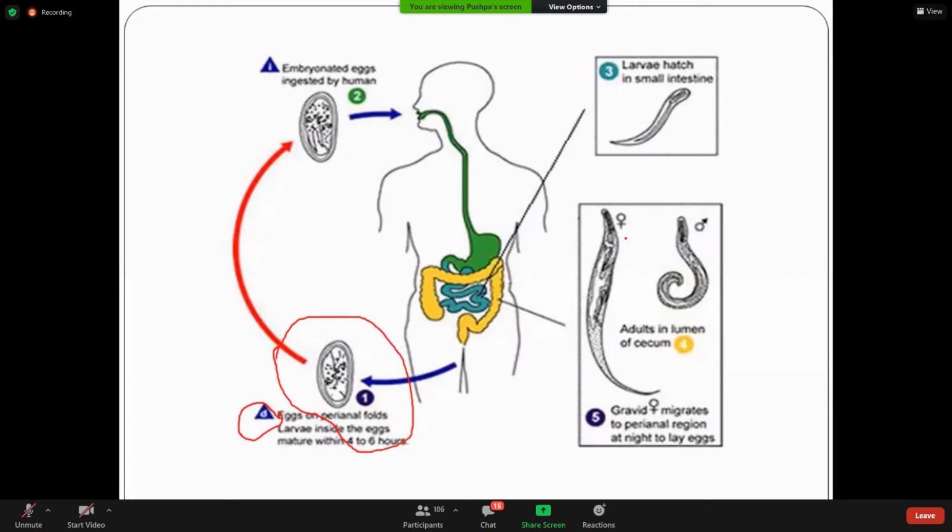Okay, you can see that the female is larger than the male, and the male has a curved tail here. These adults live in the cecum part of the intestine, and then this gravid female comes out of the anus, deposits the eggs, and goes back. Okay.